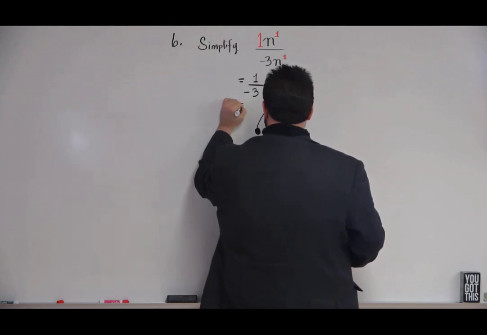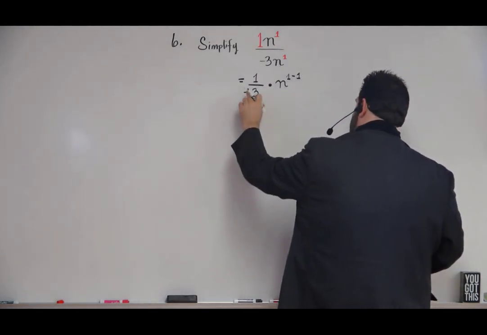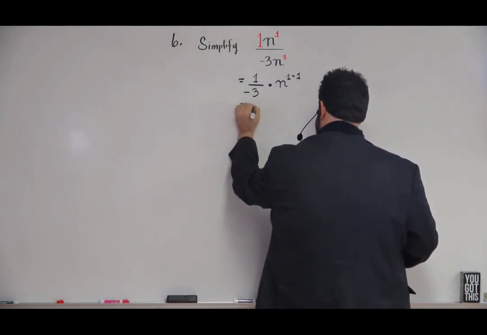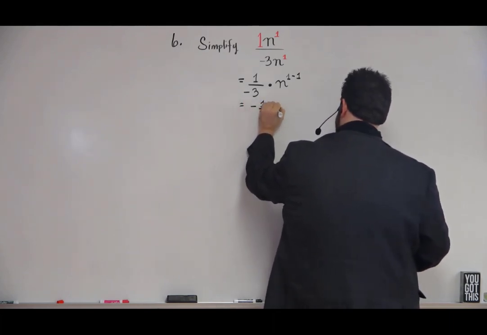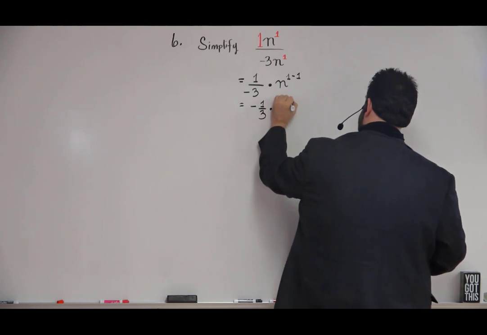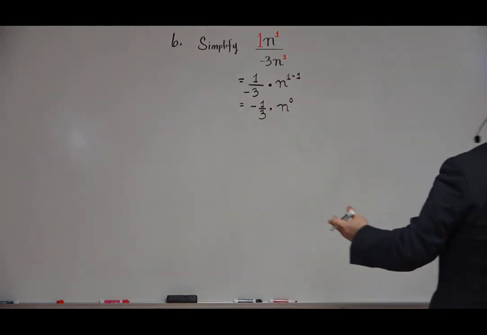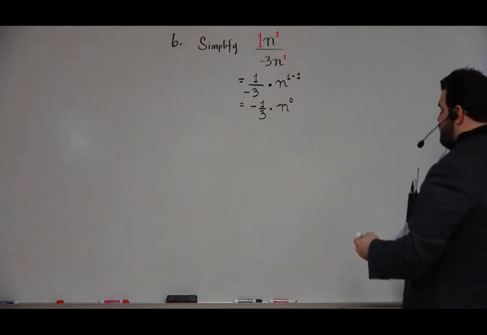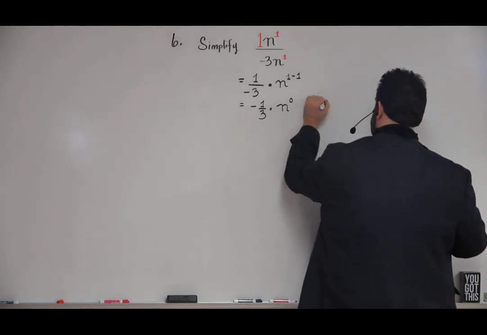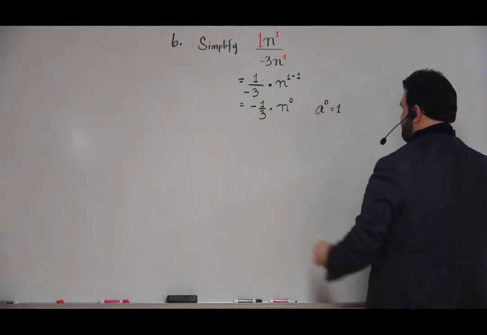And you get, now we don't put negatives in the denominator, so it's just negative 1/3 times n to the power of 0. Okay, well, remember, ladies and gentlemen, that anything raised to the power of 0 is 1.